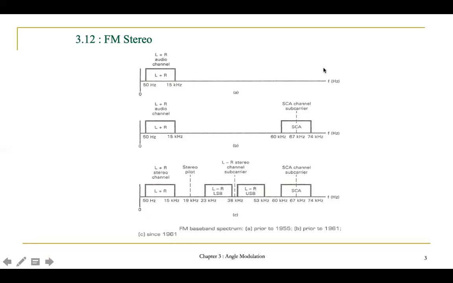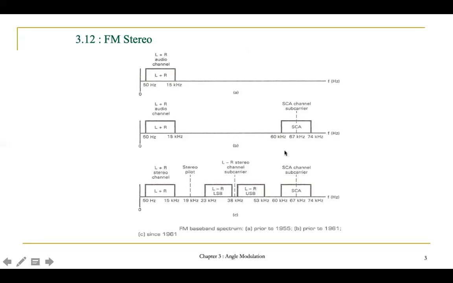Prior to 1955, you only have a single audio channel, which uses a frequency between 50 Hz and 15 kilohertz. Prior to 1961, it still uses a monophonic transmission with a single audio channel that uses a frequency between 50 Hz and 15 kilohertz.